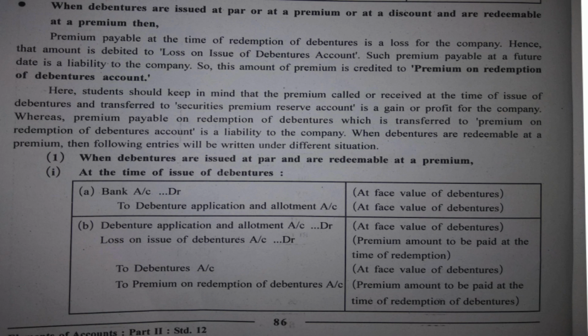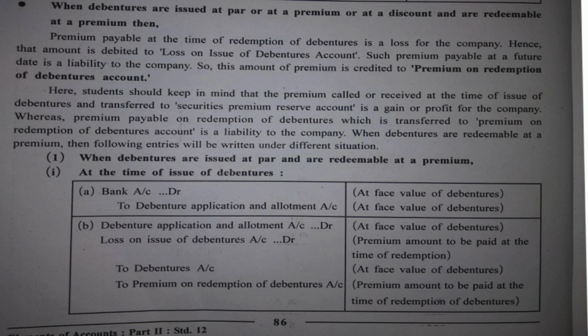Obviously, if a company issues debentures at face value and returns with premium, the company will receive 100 rupees but return more than 100. How much, we don't know. In short, more than 100; can be 110, 105, 130. So obviously this is a loss for the company, so loss on issue of debentures is debited here.